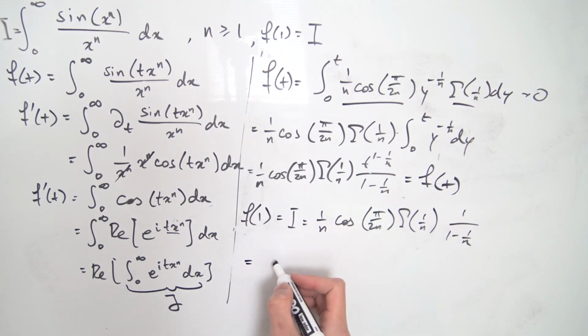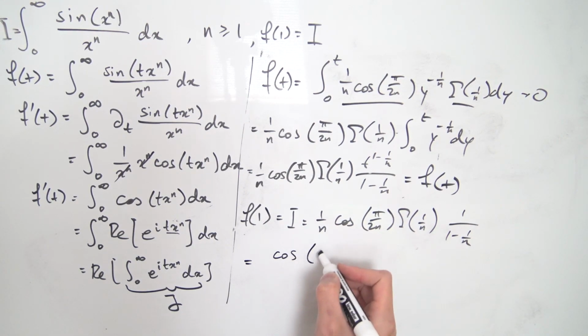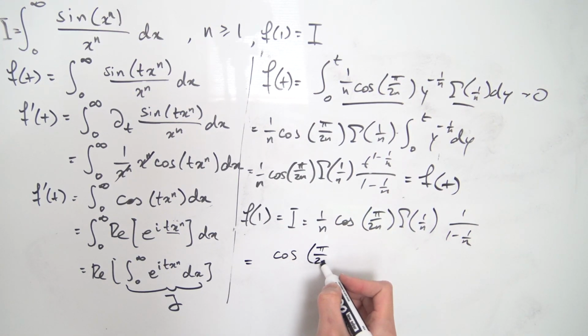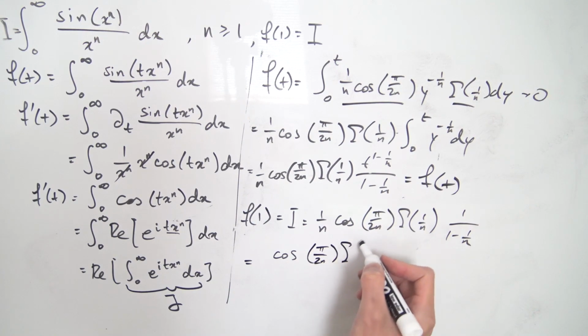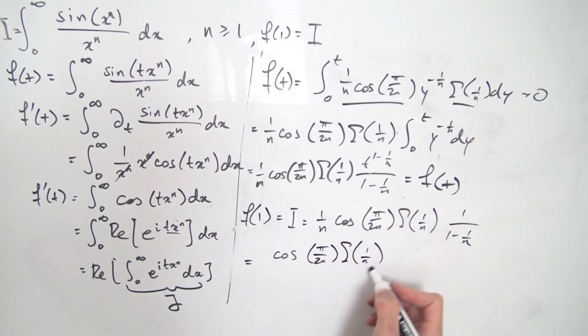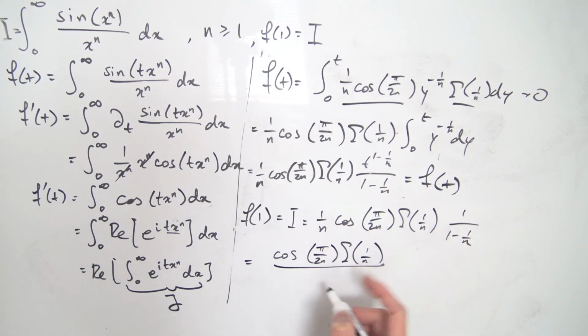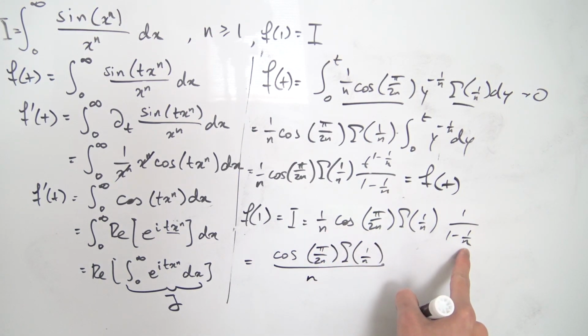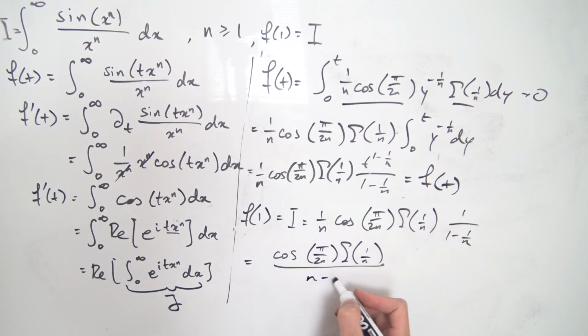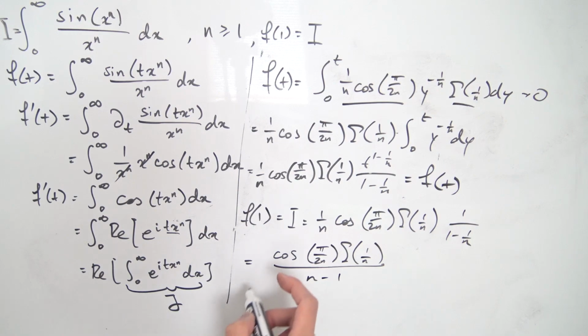That's going to leave us with the final expression of cosine of pi over 2n times gamma of 1 over n, all divided by n minus 1, like so. And this right here, that's exactly f of 1.